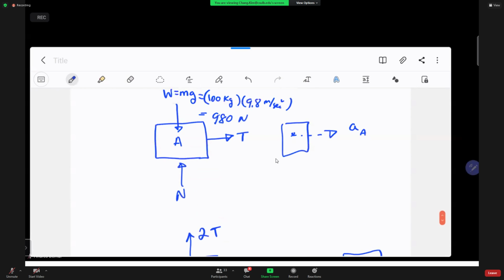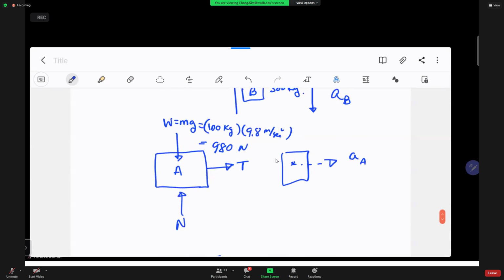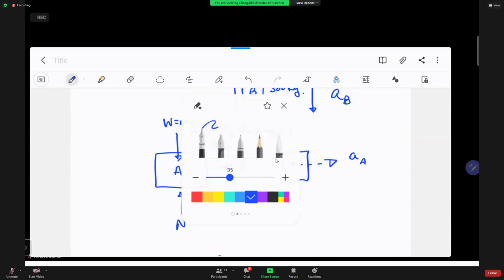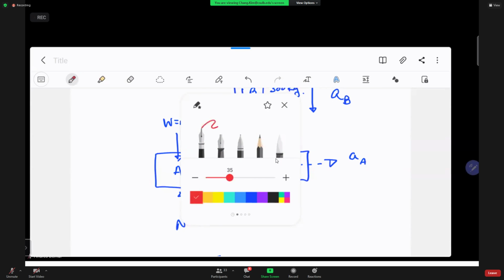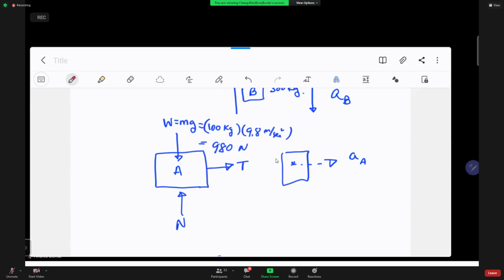So going back up here, I wanted to find the equations. Okay.